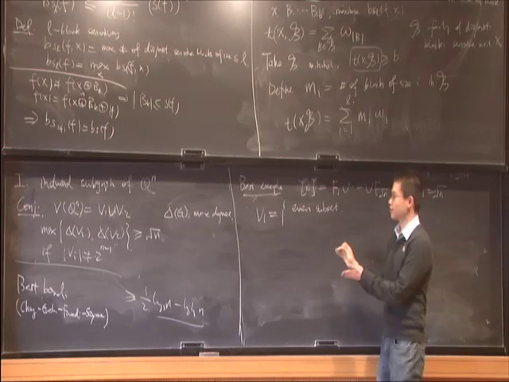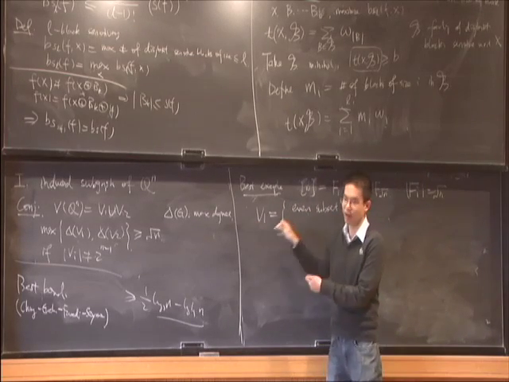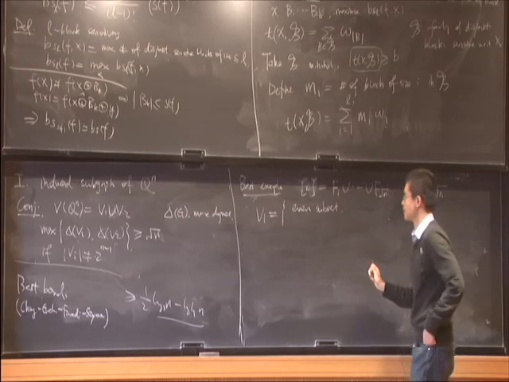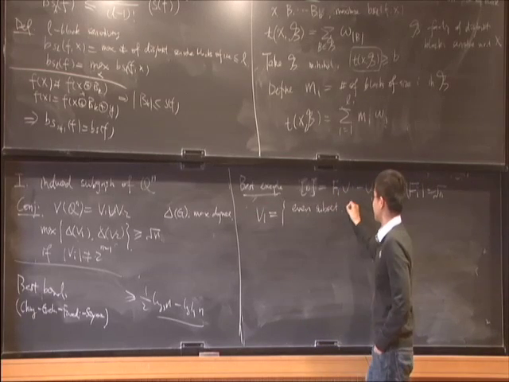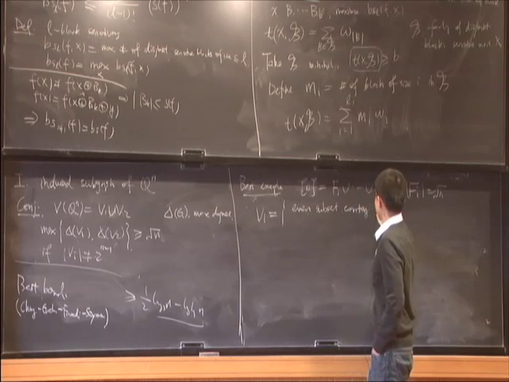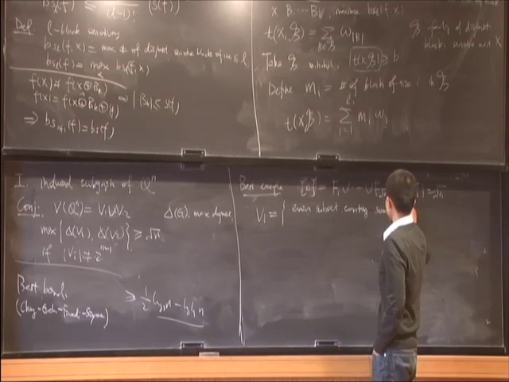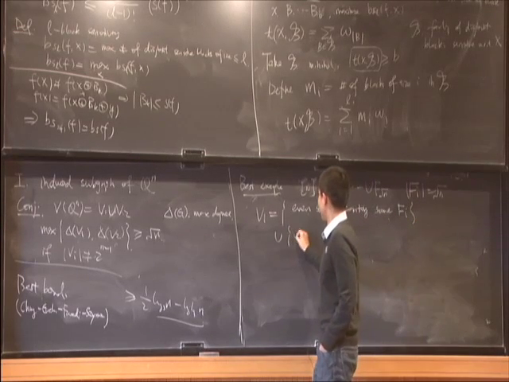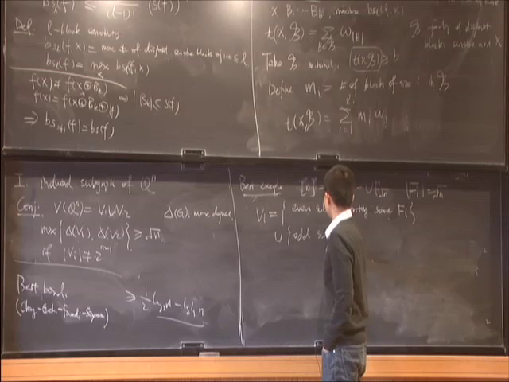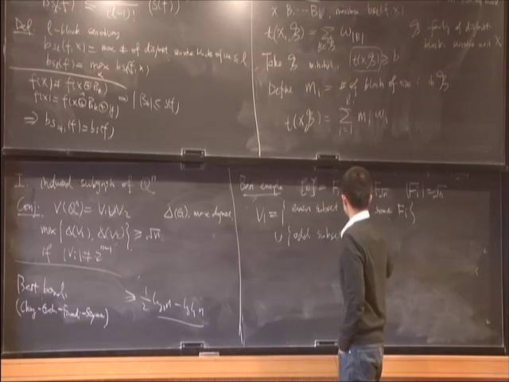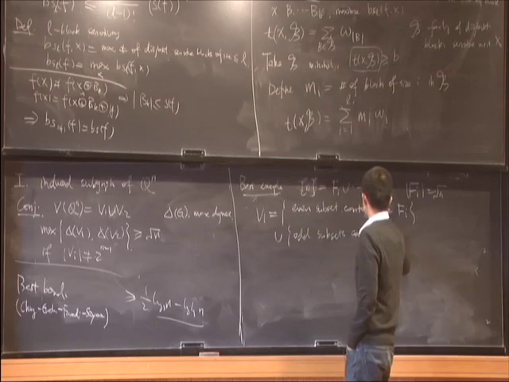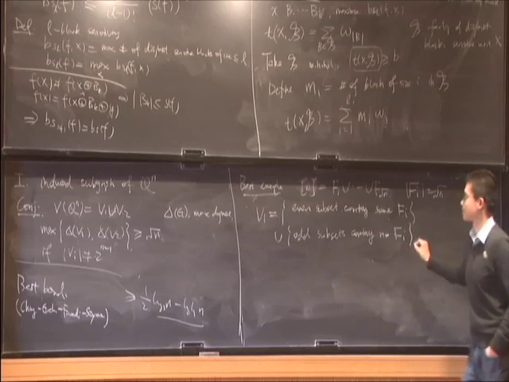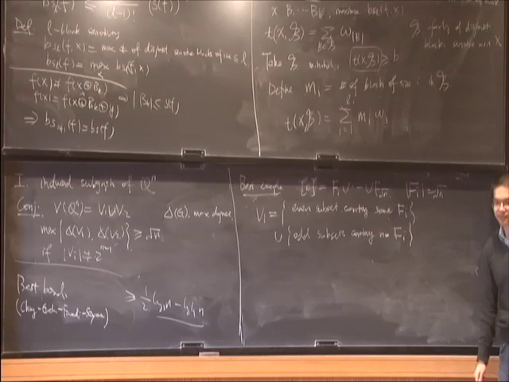We only need to define which subsets we put into V1 and which into V2. For V1, we take the even subsets containing some Fi, union the odd subsets containing no Fi.